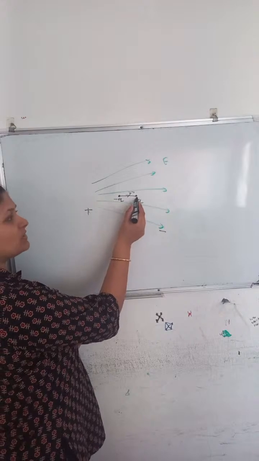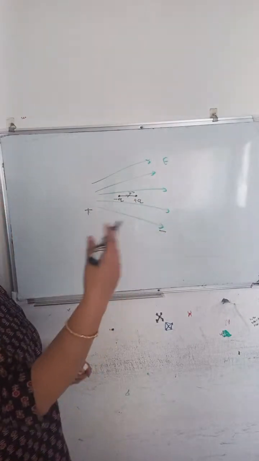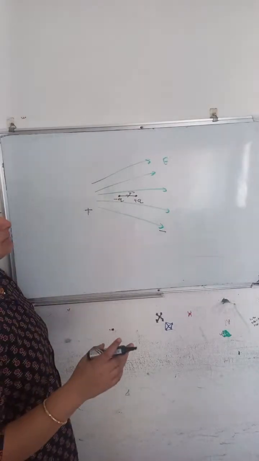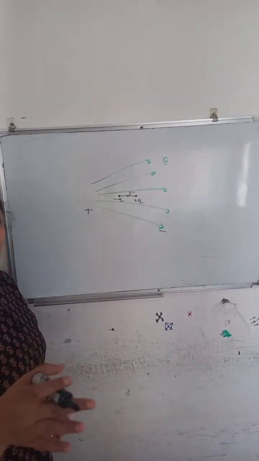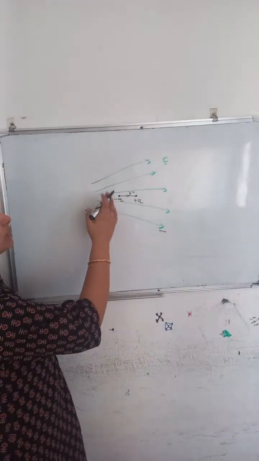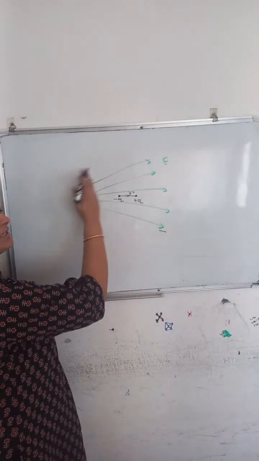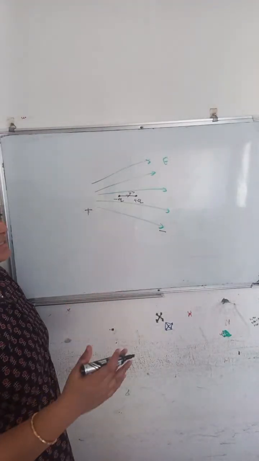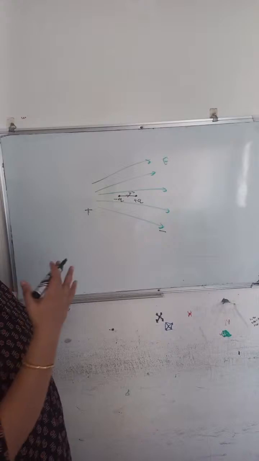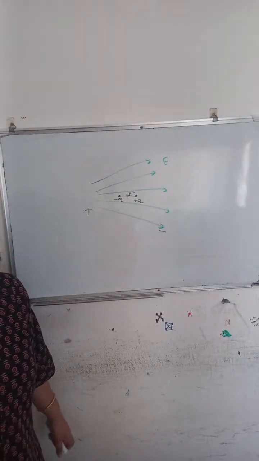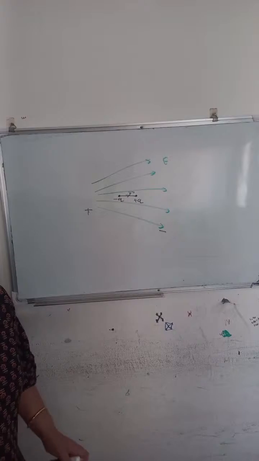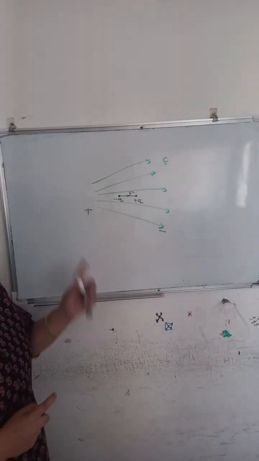Of course, this positive charge is also attracted towards the negative end of the electric field, but that attraction is very less as compared to the force exerted from the left side. So the dipole experiences more force towards the left side. According to this, the option is the third option, the dipole will experience a force towards the left.